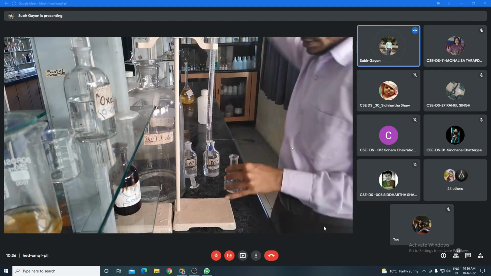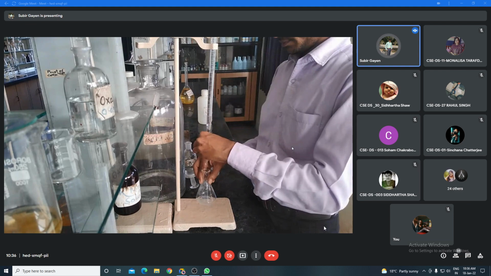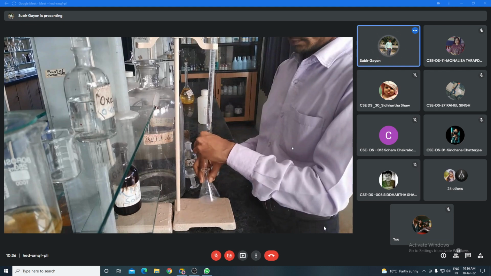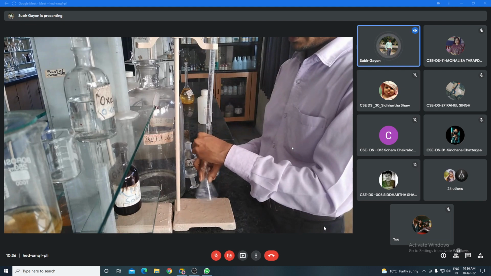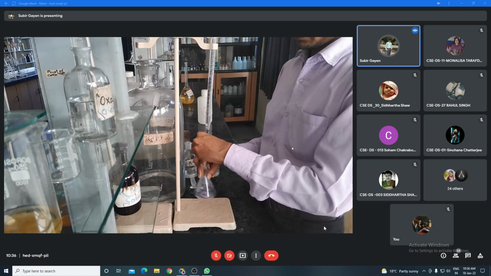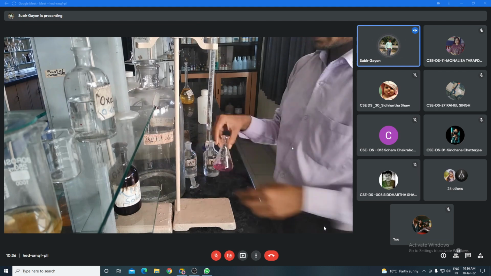Continuously you have to shake the container, so that it will be accurate. Okay, standardization procedure is done.